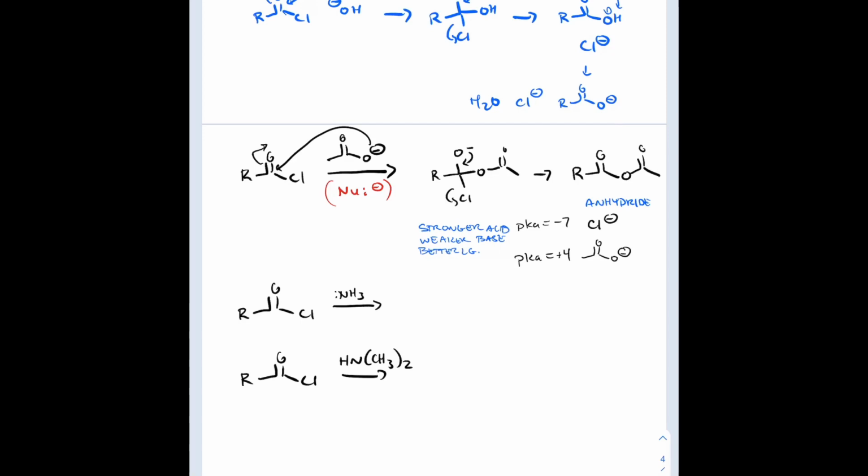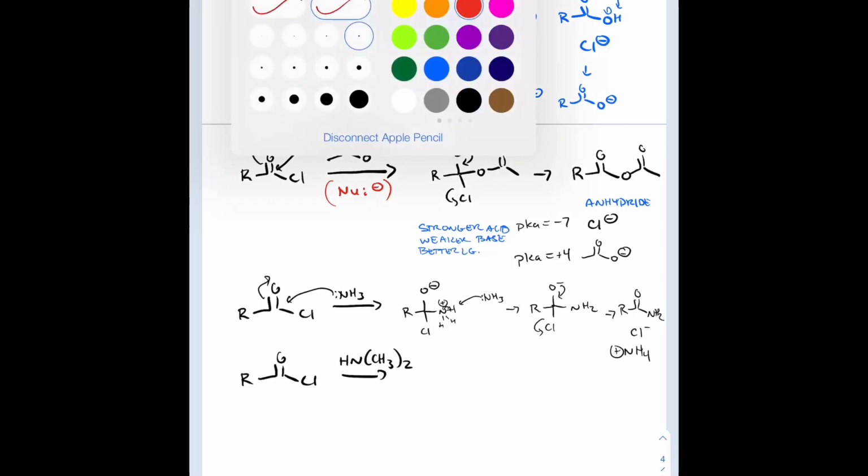So we have a couple other reactions that we can go over. You might be able to just immediately predict what's going to happen. We're just substituting the chlorine for basically whatever the nucleophile is over the reaction arrow, and in this case it's an amine, and that's exactly what we get.